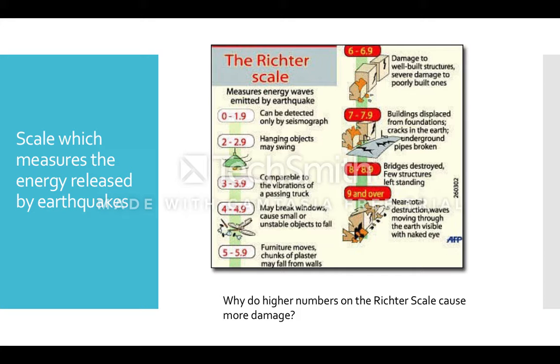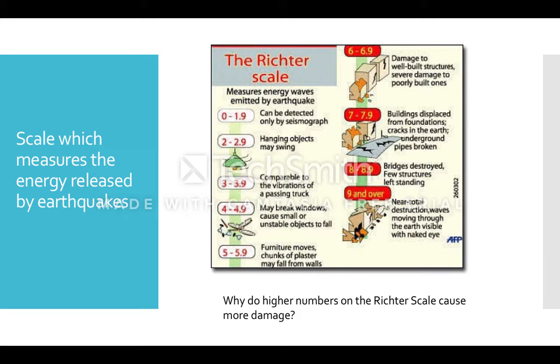You'll notice that weak waves can only be detected by a seismograph. But as waves increase in intensity, they start to cause damage. At a 5 or higher, furniture will start to move and become damaged. From 6 to 6.9, damage to buildings can start to occur.